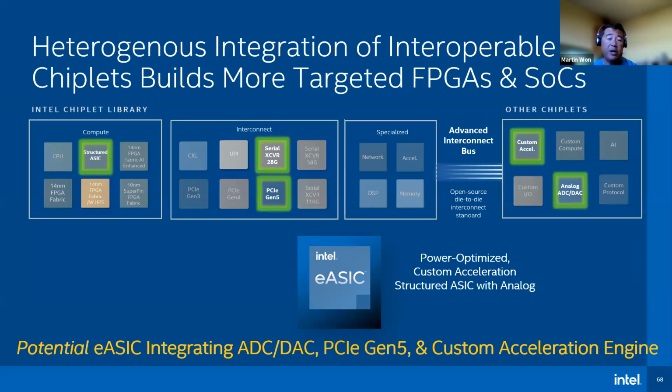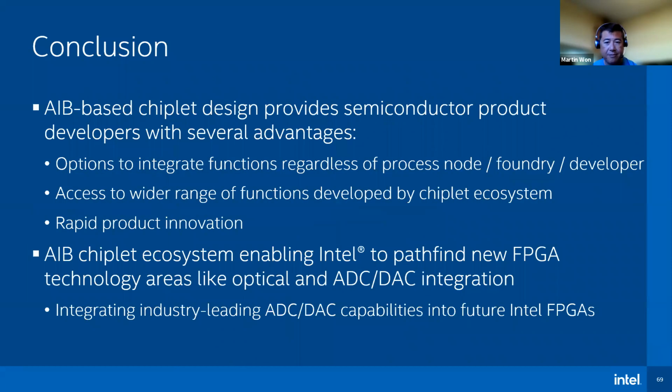So to meet that need, we could combine the analog chiplet with a custom acceleration chiplet, also an eASIC die, and other interface chiplets as needed, like PCI Express Gen 5 or 28 gigabits transceivers to deliver a power optimized custom acceleration structured ASIC with ADC DAC integration. Again, these are potential products that we can offer now that we have this analog capability available to us. Next slide, please.